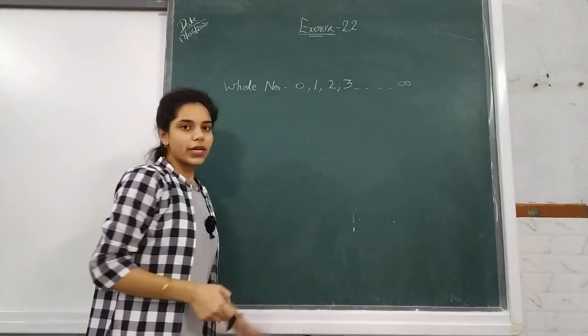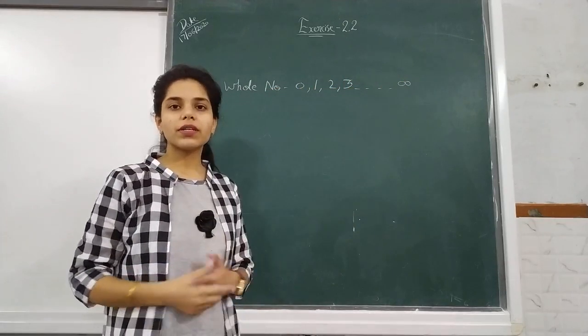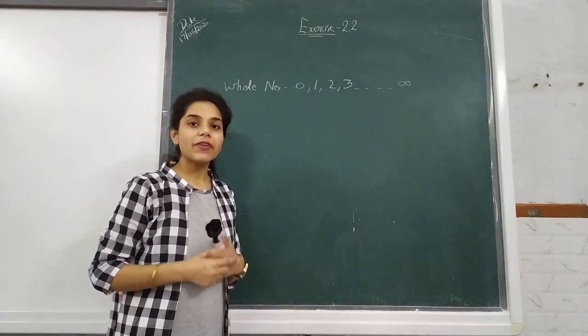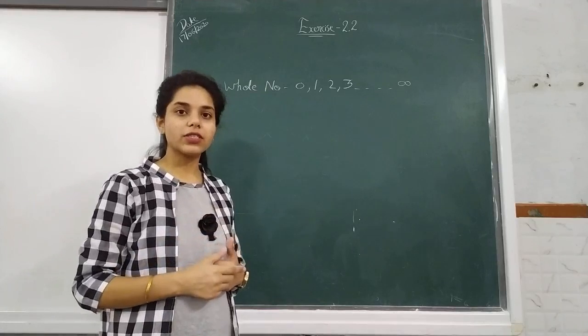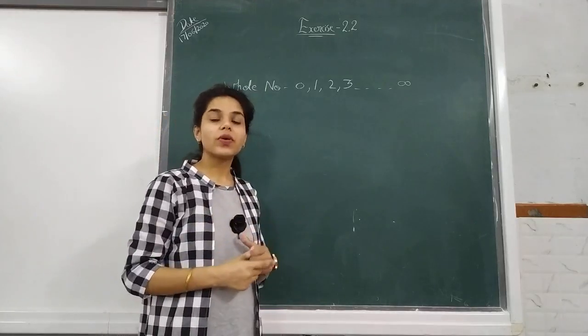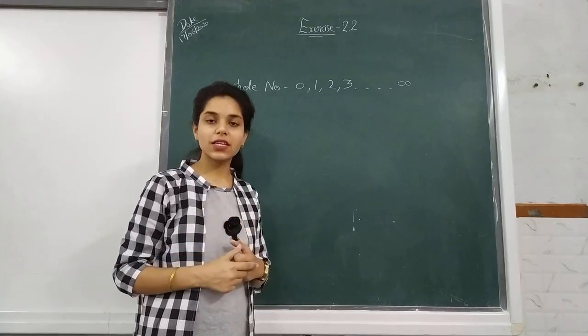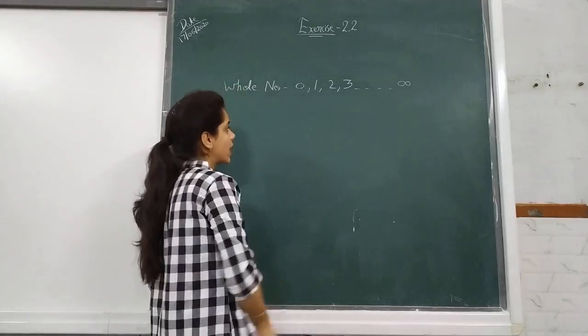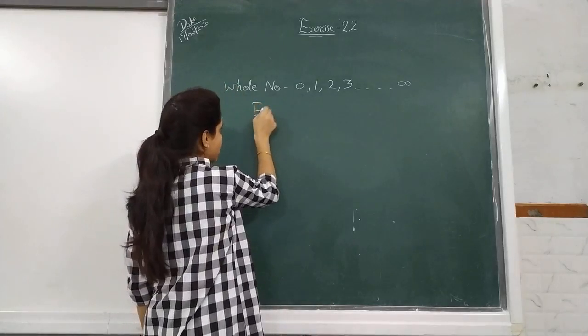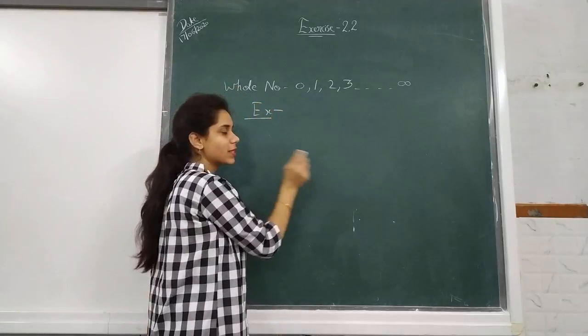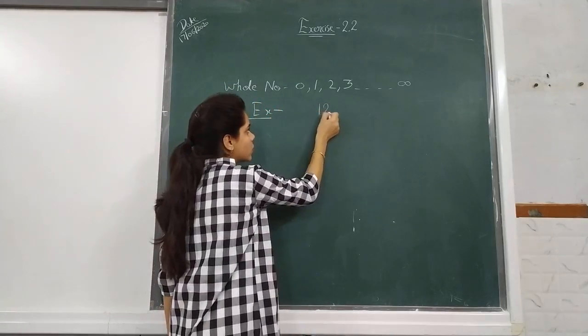So, what are predecessors and successors of whole numbers? If we subtract 1 from any number, it will give us the predecessor of that number. Suppose I give an example to find the predecessor of 12.